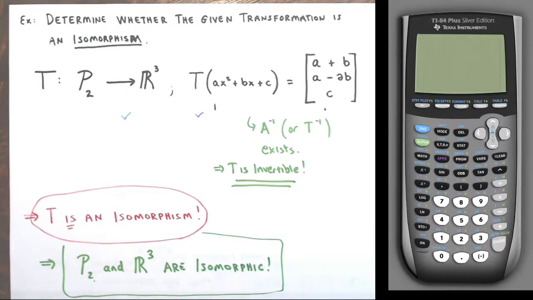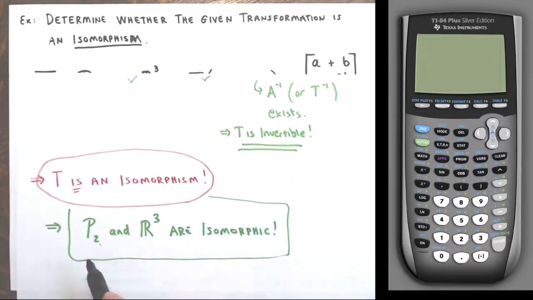Now I'm going to point something out here that we'll get into later as well. What are the dimensions of these spaces? Remember, the dimension of P2 was 3, because the standard basis had just 3 vectors in it: x squared, x, and 1. And the dimension of R3 was also 3.